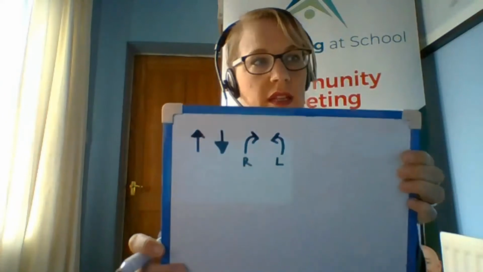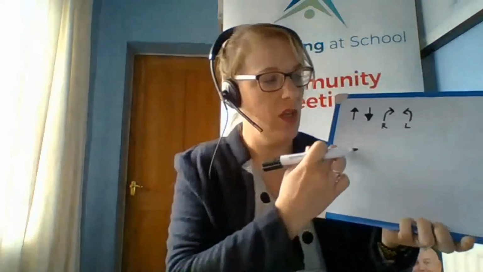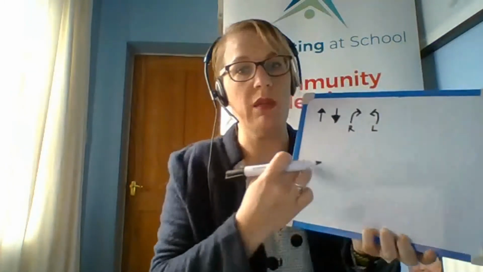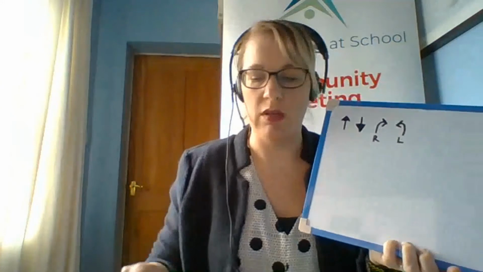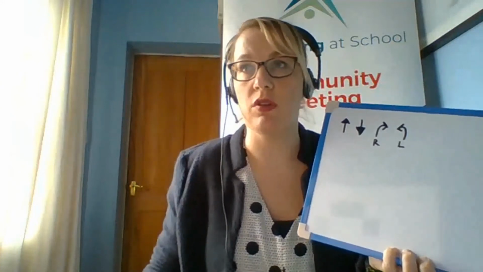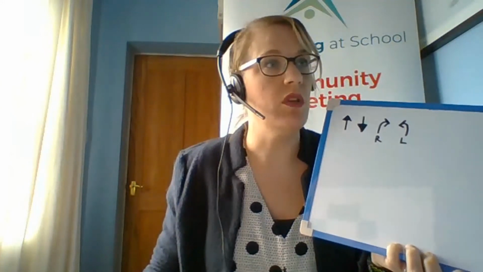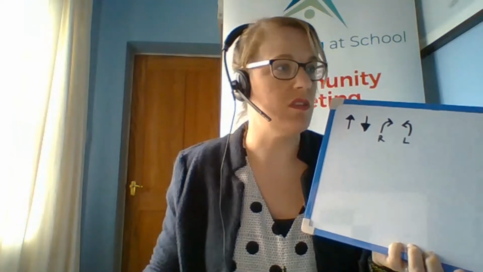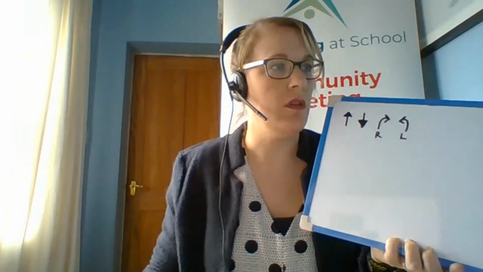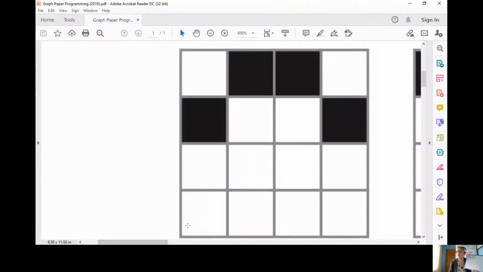Now, what we're going to do is we have to think of an algorithm, and I just want you to write this along your piece of paper, okay? I'm going to share a screen now, and I want you to have a look at this first block, and I'll tell you where we're going to start. So we are now a robot on this screen here, okay?